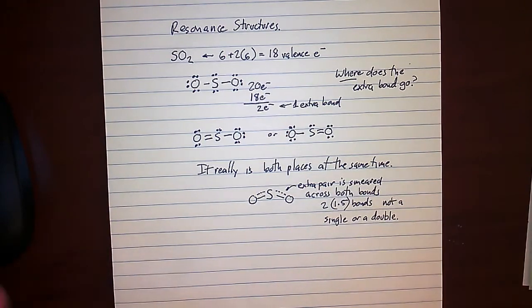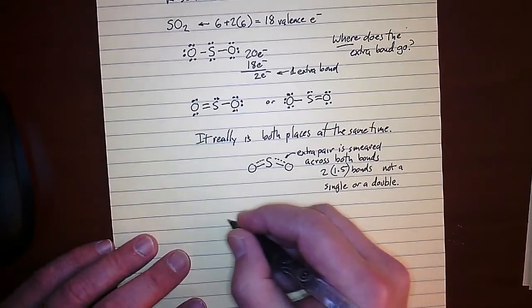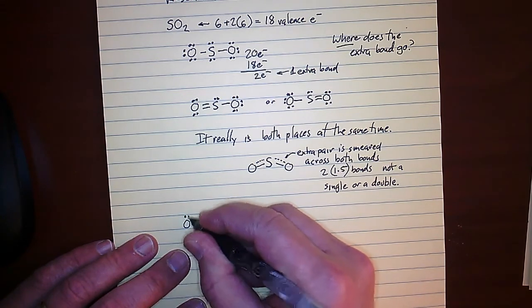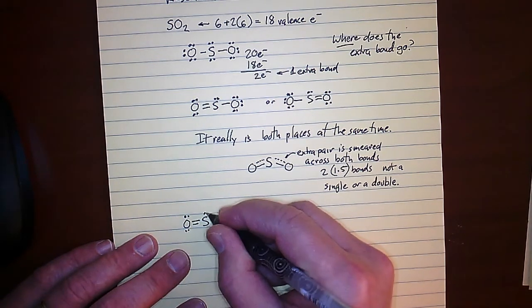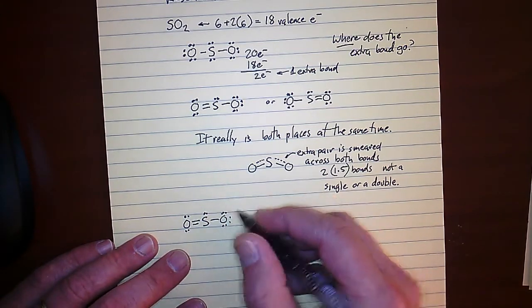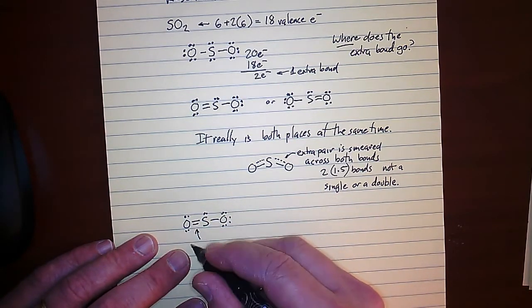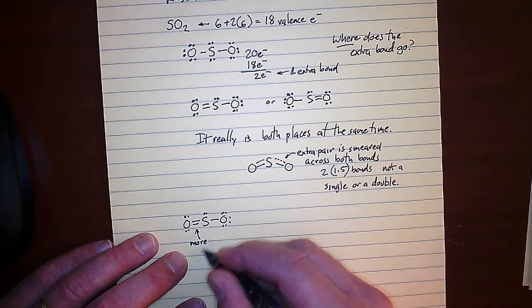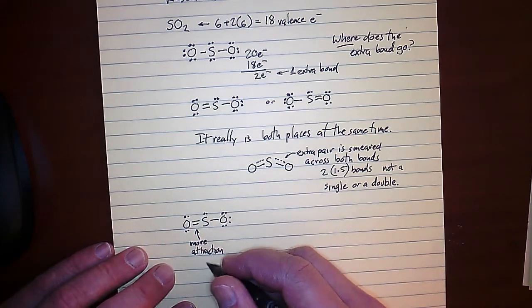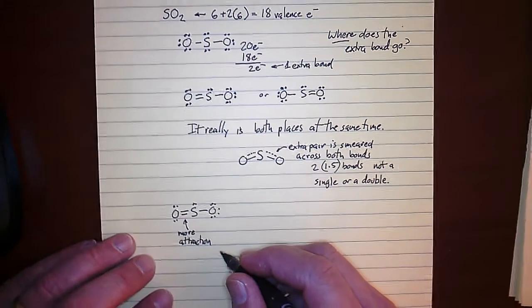And a way we can test this is if we had something like this, S double bond O, and single bond O. This would have more attraction between the atoms, because it's more electrons shared by the 2 atoms. This would be more attraction, and so it would have 2 characteristics that are important.